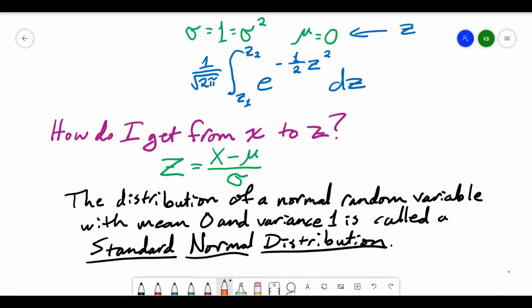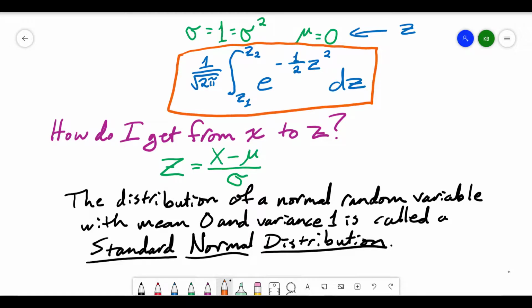Now, even though this integral is much easier to take than the integral I had before, it still has a function nested within a function, so it's still not a fun integral to take. And we actually use normal distributions often enough that rather than have to take this integral over and over again, we have a table that gives us the values of this integral for different values.